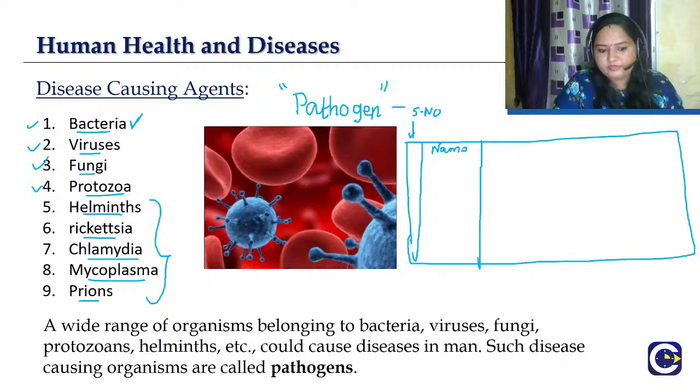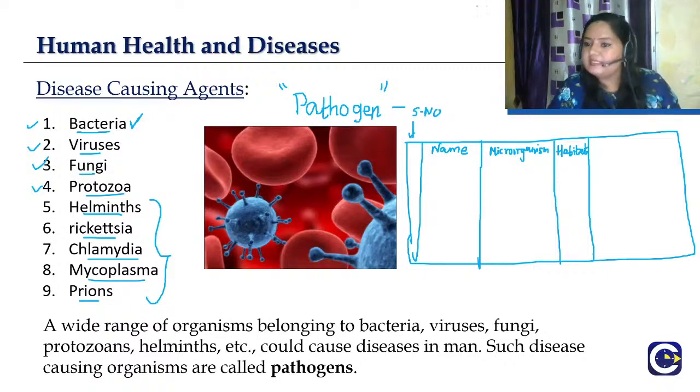The third one would be the microorganism or the bacteria name, the microorganism that causes the disease. And the fourth column is habitat. Where are they present? Where do they develop the disease?